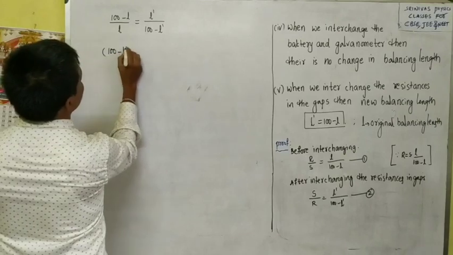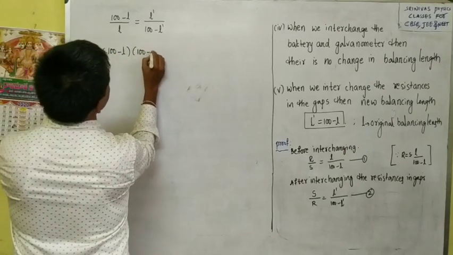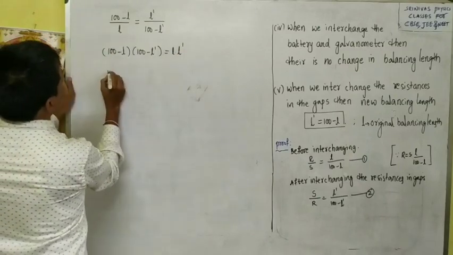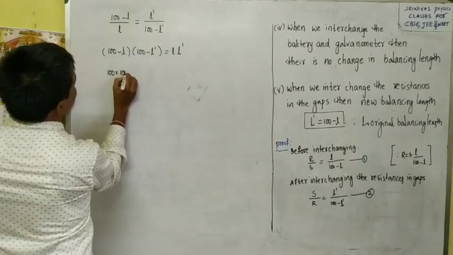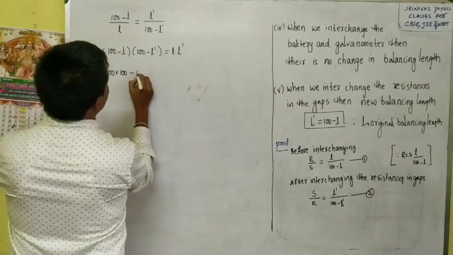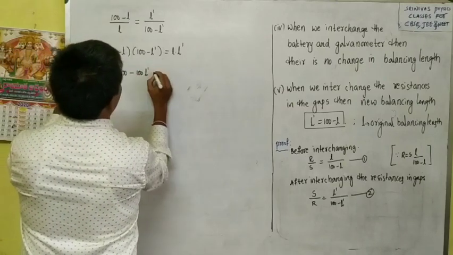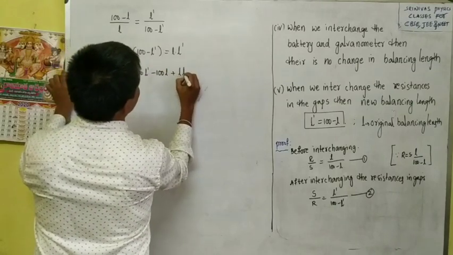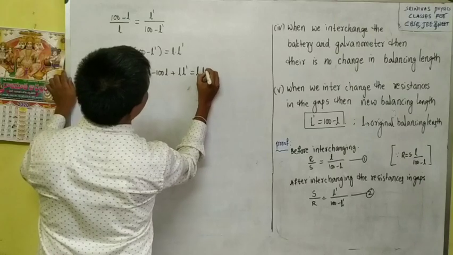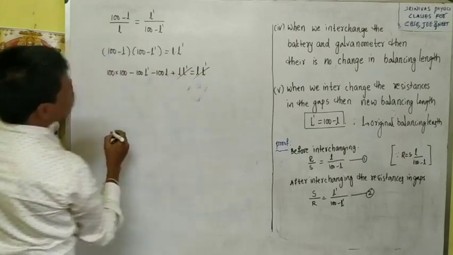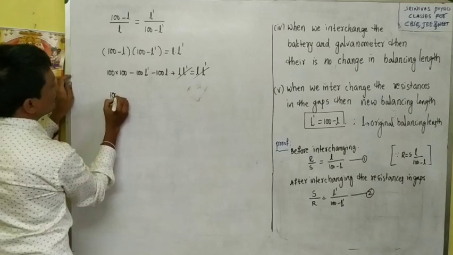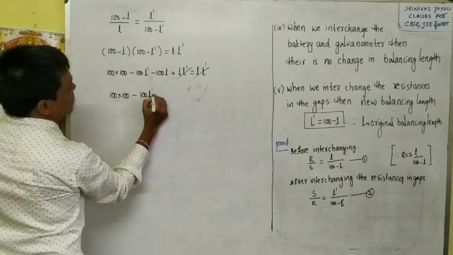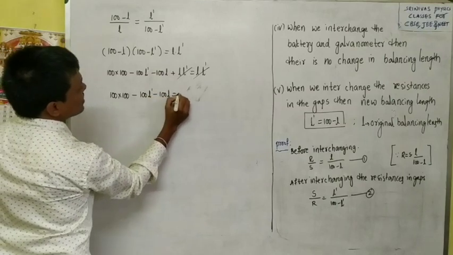100 minus L into 100 minus L dash is equal to L into L dash. You can multiply now: 100 into 100, 100 into L dash, 100 into L, and L into L dash is equal to L into L dash. This will cancel. Then we will get 100 into 100 minus 100 L dash minus 100 L is equal to 0.